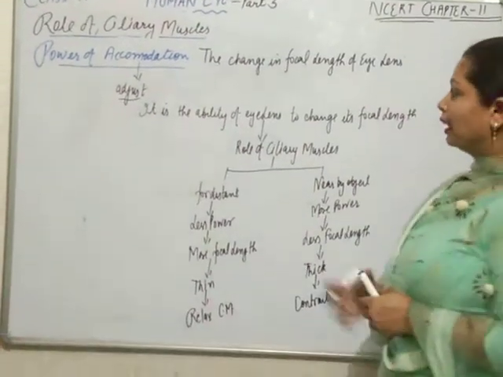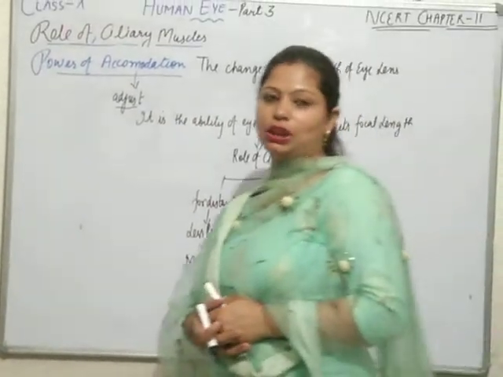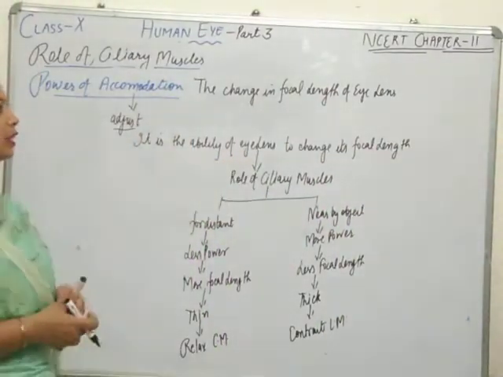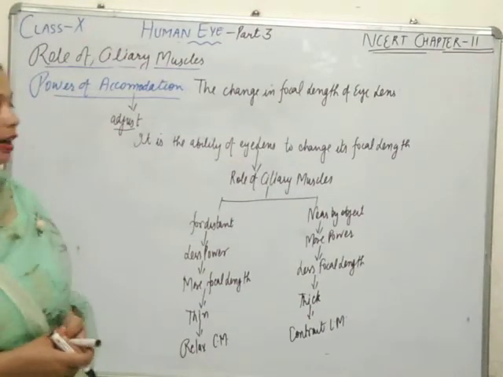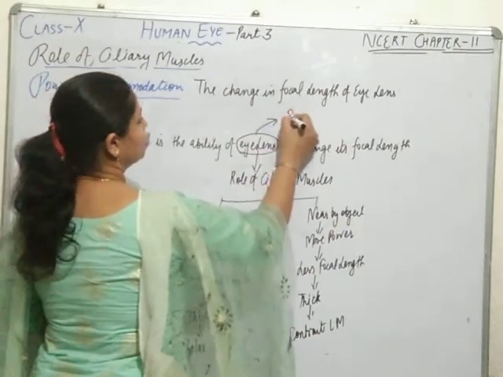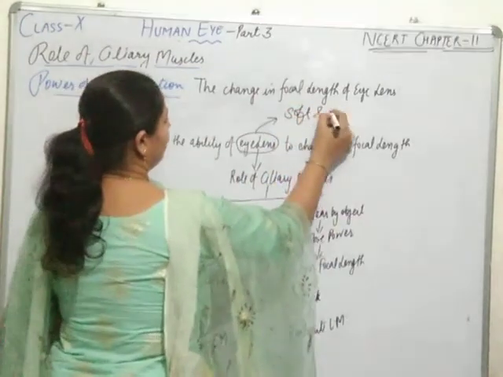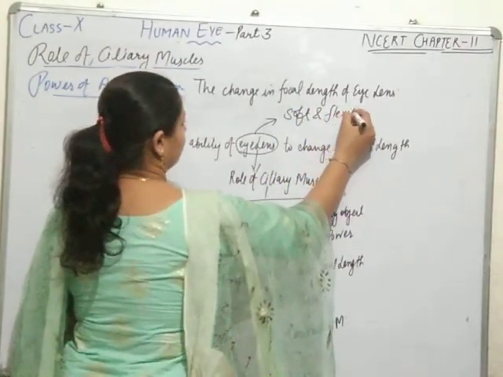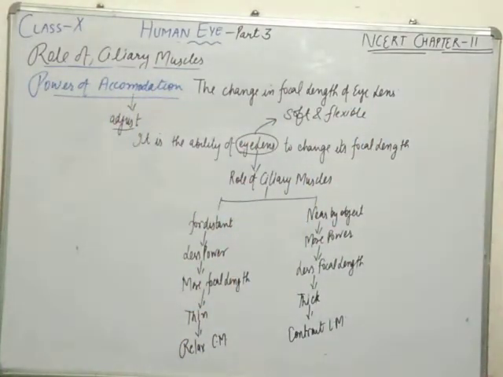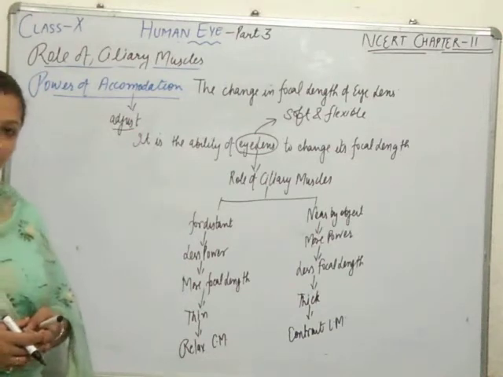So, this is the power of accommodation, ability to adjust, to change focal length of eye lens, because our eye lens is soft and flexible, that is being held in proper position by ciliary muscles.